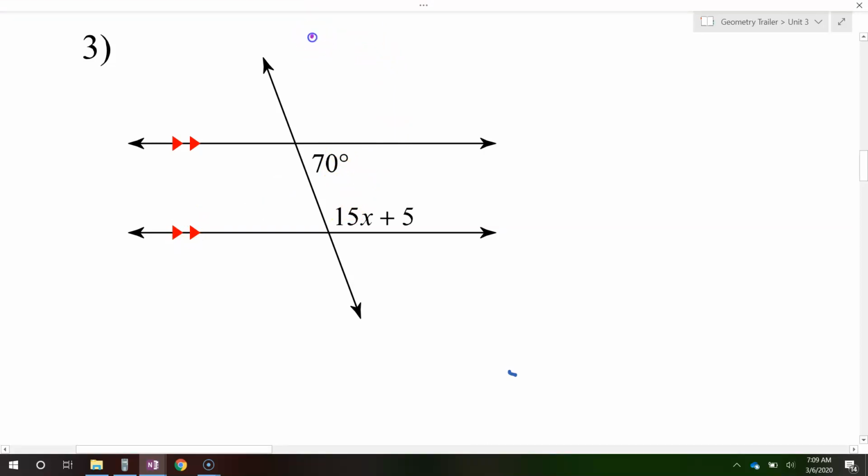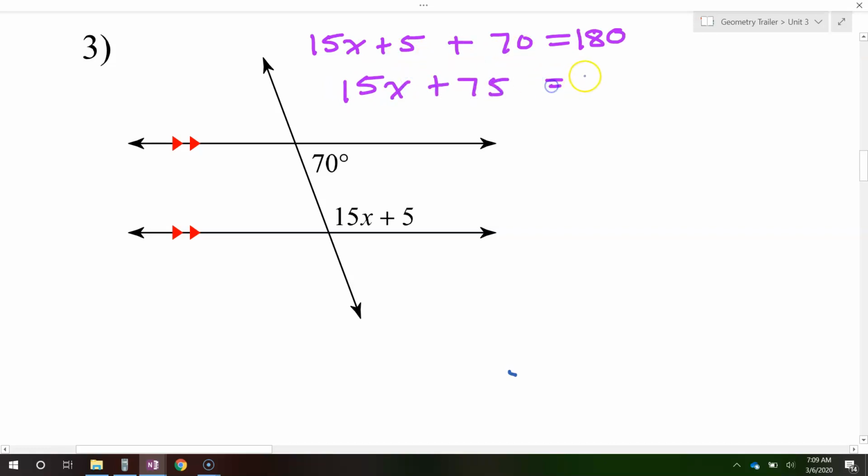So again, I'm going to say 15x plus 5 plus 70 should equal 180. My like terms are the 5 and the 70. So I will combine those, and then I have 15x plus 75 is equal to 180.